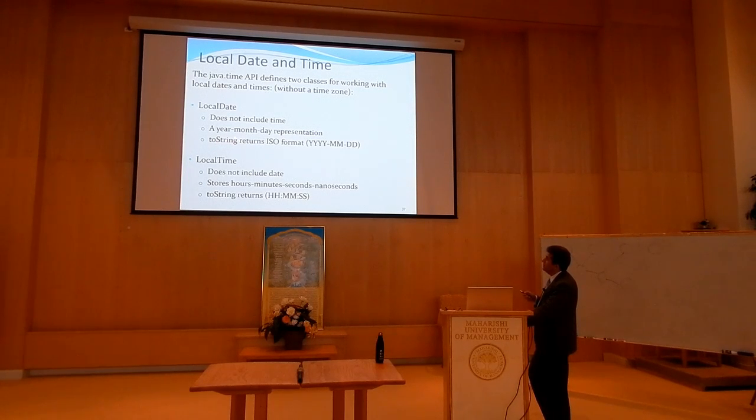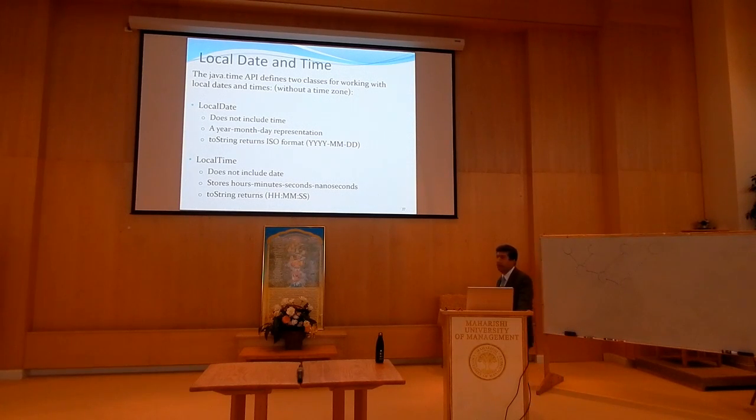The toString method has been overridden, and what the override does is print in ISO format: 4-digit year, 2-digit month, 2-digit day. Now, Java is not geared towards US customers only. This is following international standards.